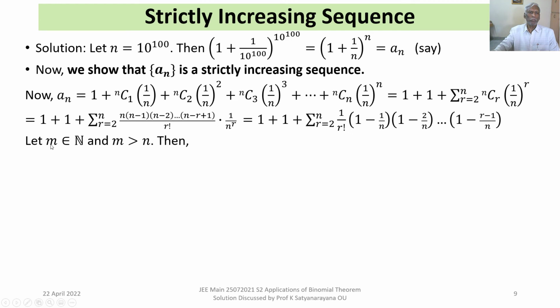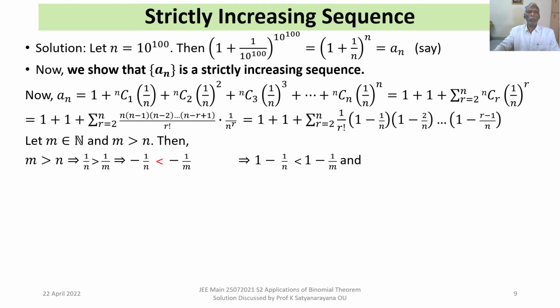Let m belong to N and m greater than n, and we want to show a_m greater than a_n, that is a_n less than a_m. Then m greater than n, then 1 by n is greater than 1 by m, right?